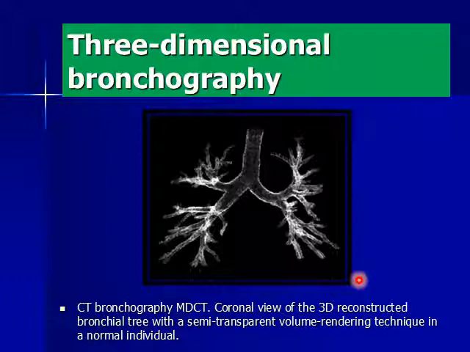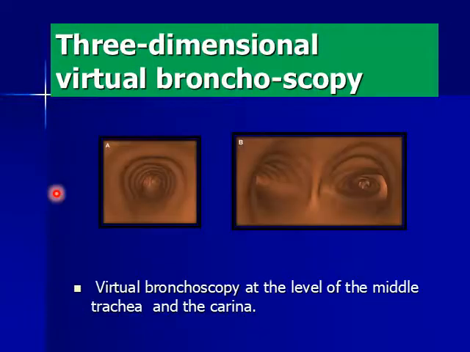In this technique, a tube is introduced to the trachea through the larynx, and we instilled a little amount of a certain type of contrast to opacify the wall of the bronchi. But by this technique, we can do three-dimensional bronchography without any invasion.